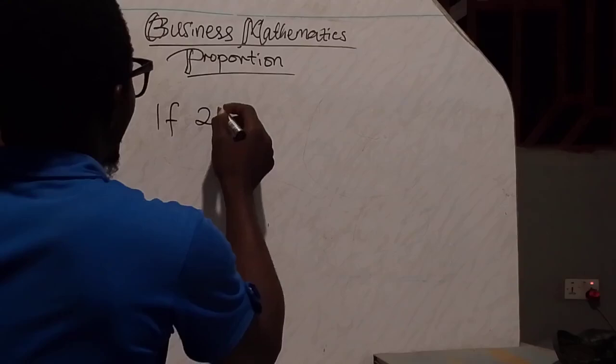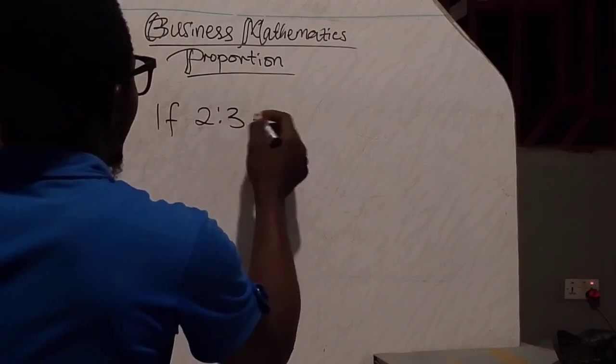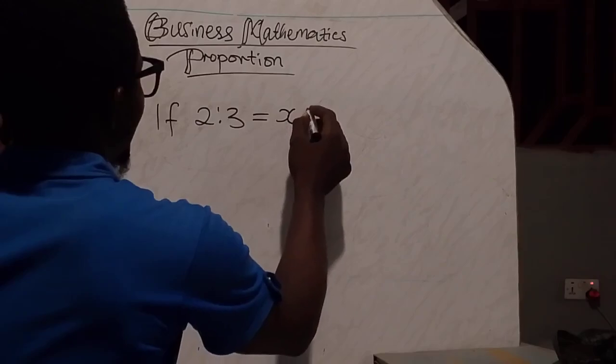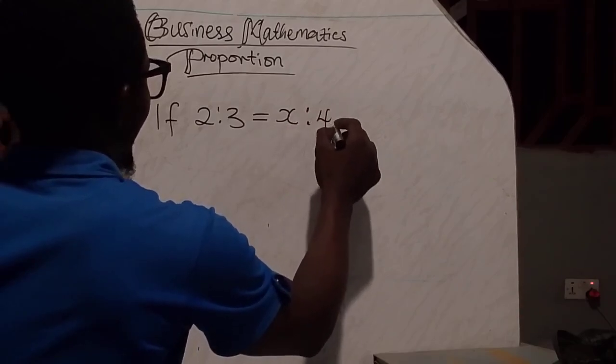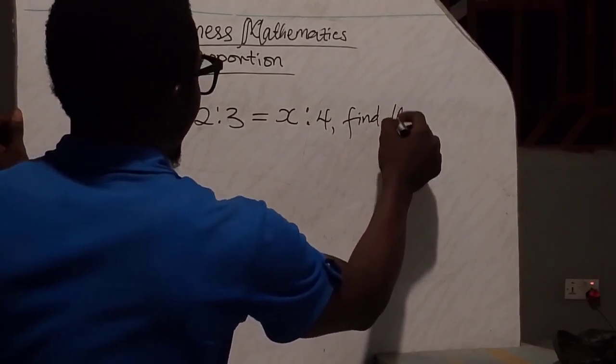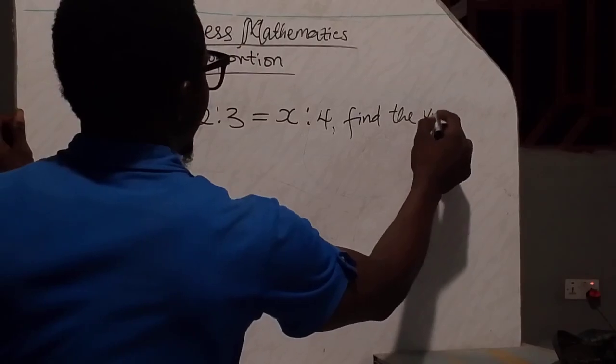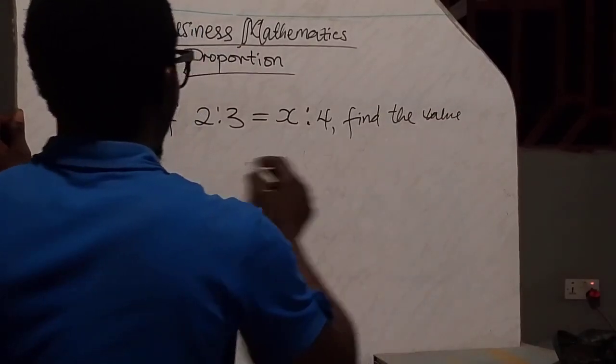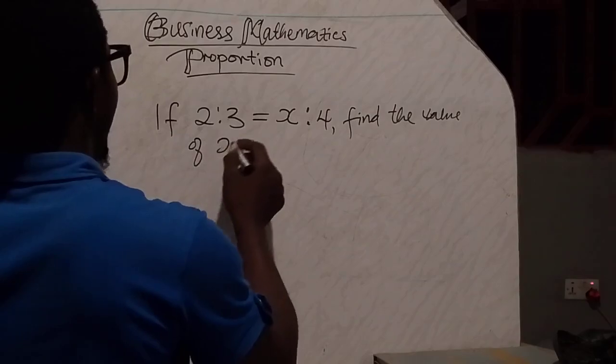If 2 is to 3 is equal to x is to 4, find the value of x.